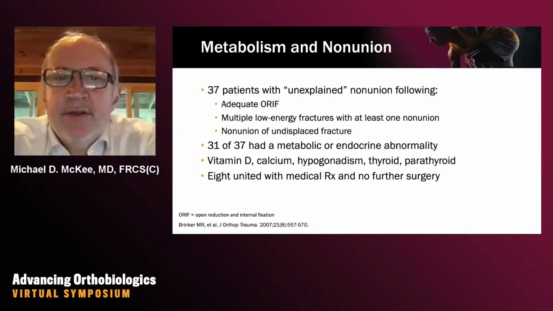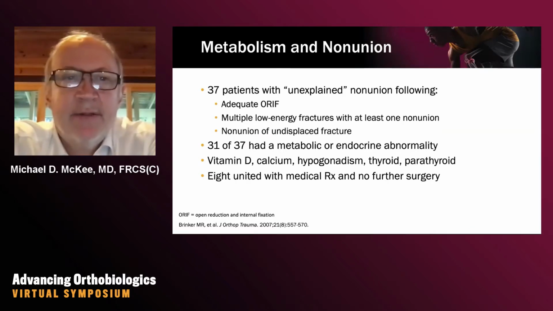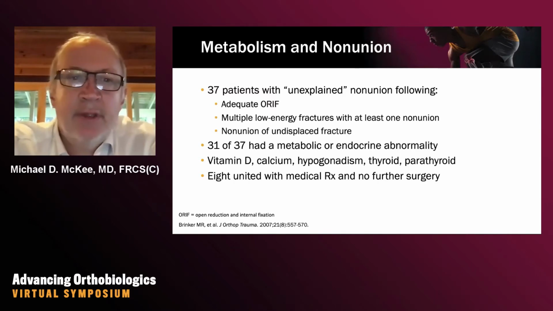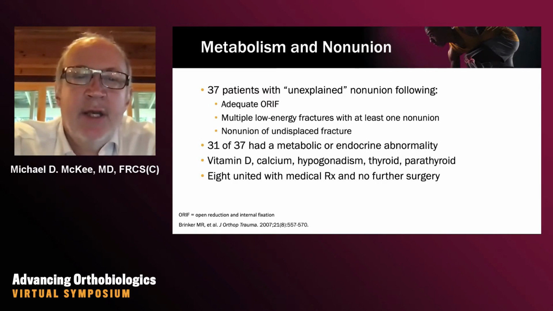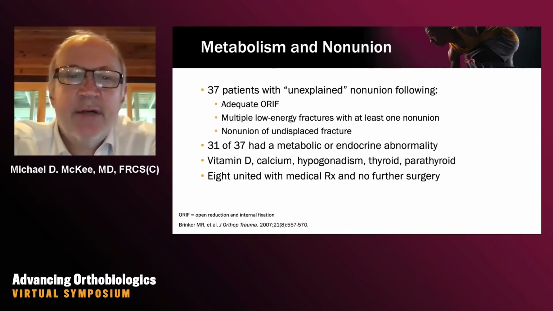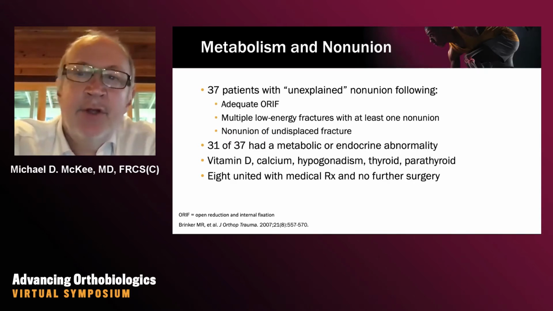And what he did was he looked at these 37 consecutive patients, and what they found was that the majority of these patients had an underlying metabolic or endocrine abnormality that was unknown at the time of their presentation to the non-union surgeon. And as you would expect, these were commonly vitamin D issues, calcium issues, hypogonadism, hypothyroidism, parathyroid issues, et cetera. And all of these things were the issues that likely led to the development of non-union.